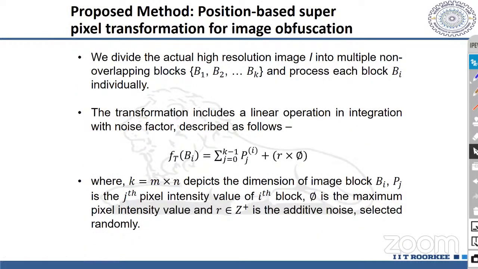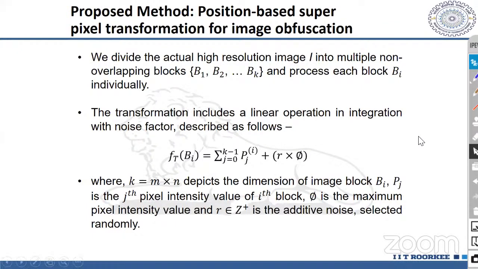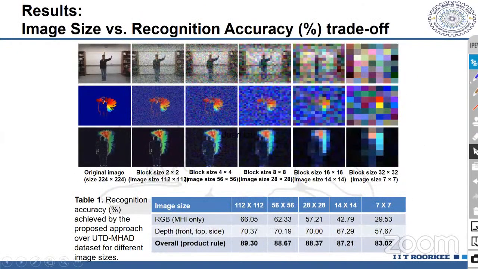That is called image obfuscation. You can do this: you can have several blocks in the given image, and then use some mathematical formulation on this. You can go through the slide and make the obfuscated image like this.